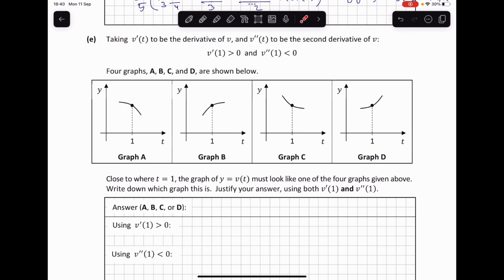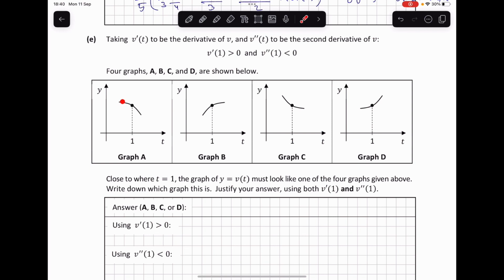So we've got to look at the information we have and, through a process of elimination, figure it out. So v dash of 1 being greater than 0, what does that mean? That means that the car is accelerating at time 1.